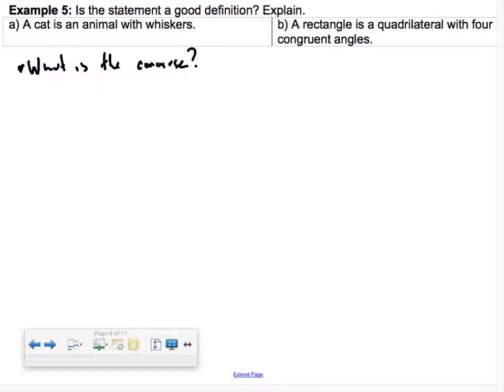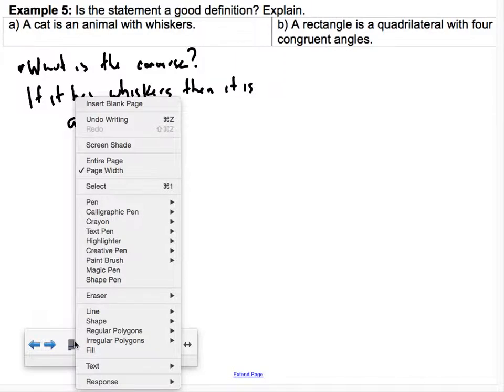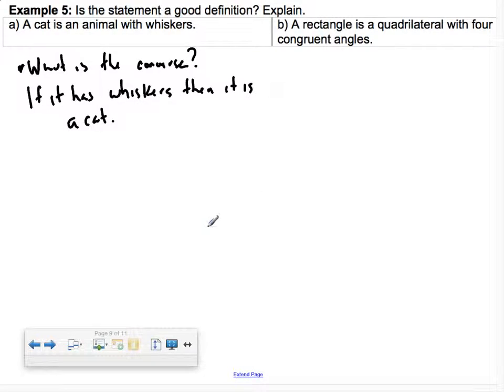The converse: if it has whiskers, then it is a cat. That's actually false, because I can think of a lot of animals with whiskers that are not cats.